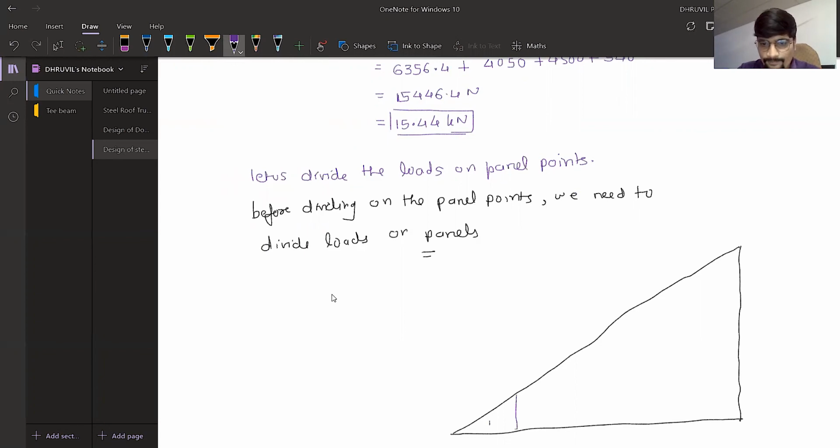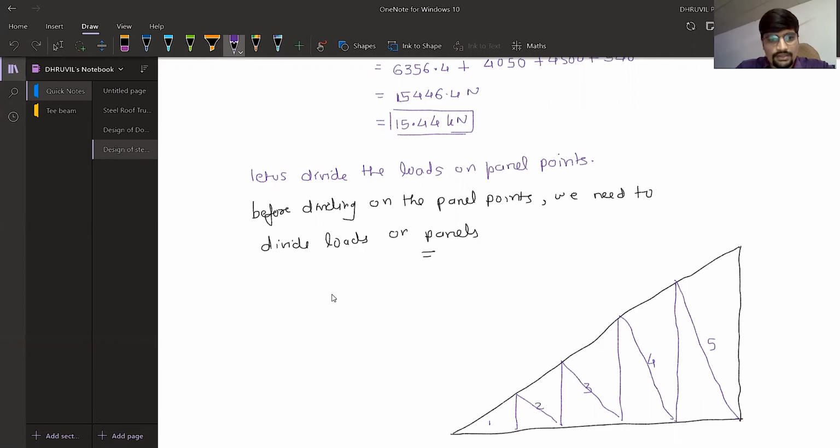This is 1, this is 2, this is 3, and this is 4, and this is 5. The connection is like this because it is a hot type truss. So there are 5 panels, so the load will be divided on 5.